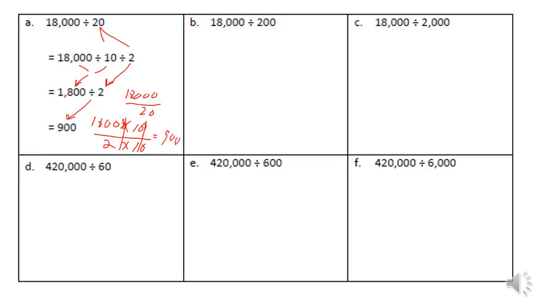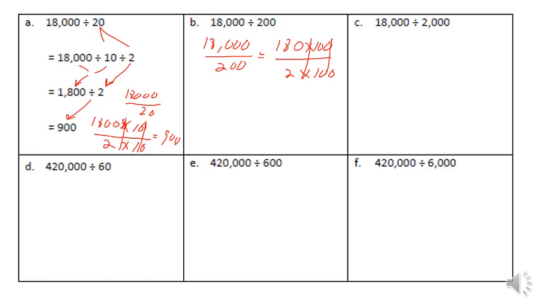On top here, we have 18,000 divided by 200. I'm going to take out the common factor of a multiple of 10, which is 100. So now I have 180 times 100 over 2 times 100.